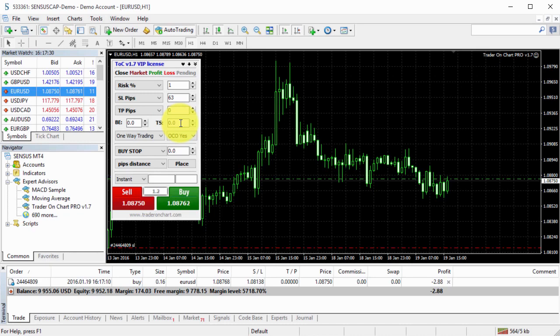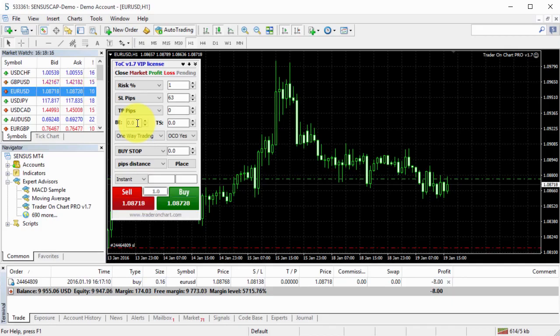Now, for trailing stop, it's quite obvious. If you don't know how trailing stop works, I won't go through the explanation in this video, just to make it short. But I will mention that break even works in a way that if your broker charges commissions, then trader on chart automatically calculates the size of commissions for your trade and the swap cost for your trade, and it will add a break-even point slightly above the open price.